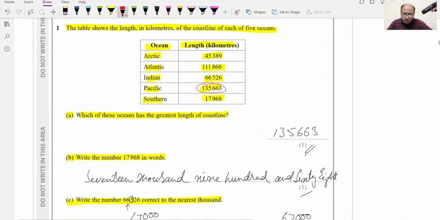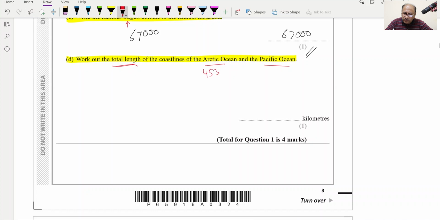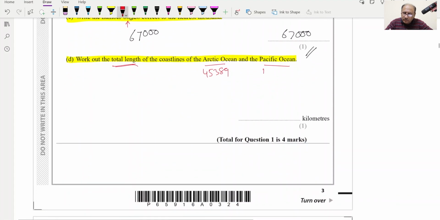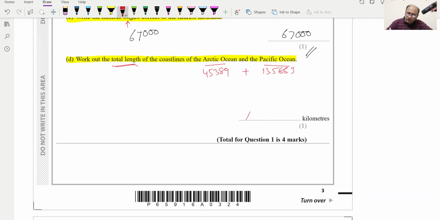For the Arctic Ocean it is 45389, and for the Pacific Ocean it is 135,663, and we have to add these two, and we can add by the help of a calculator. 45389 plus 135,663, and this results in 181052. This will be the final answer for 1 mark.